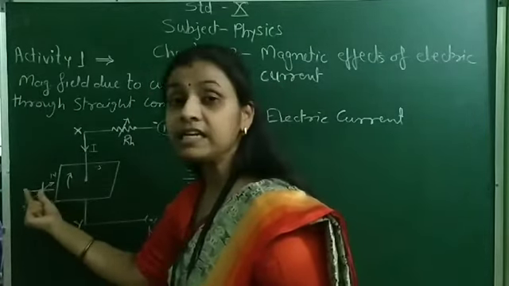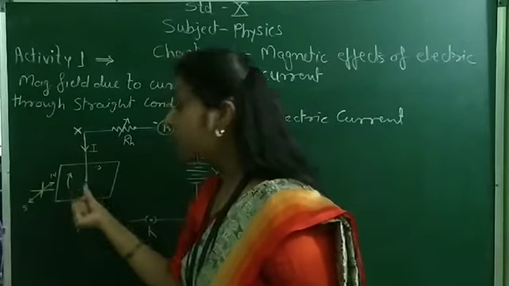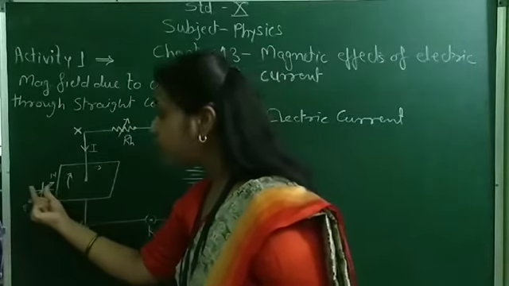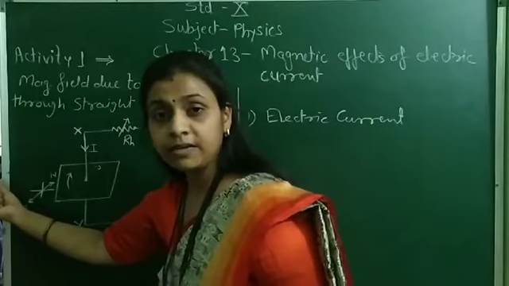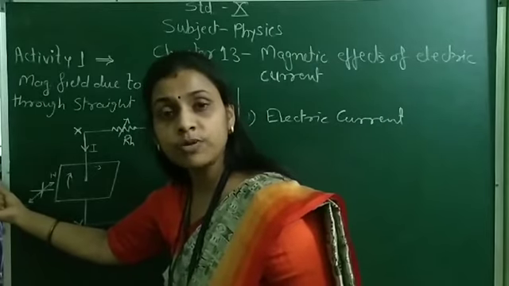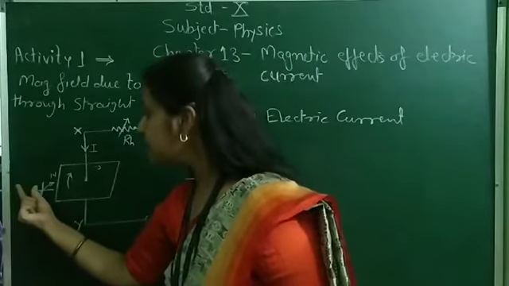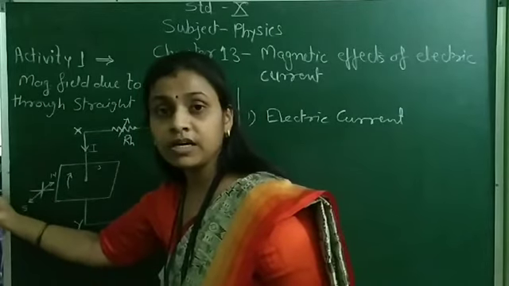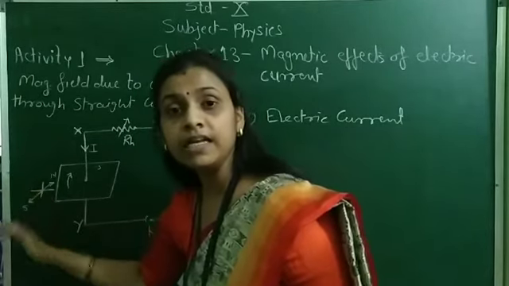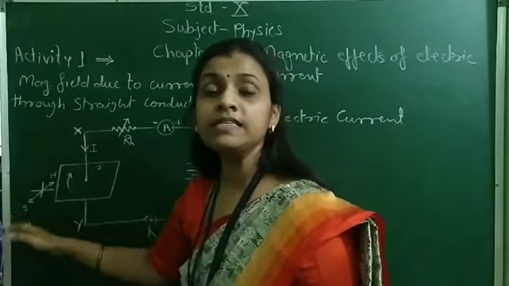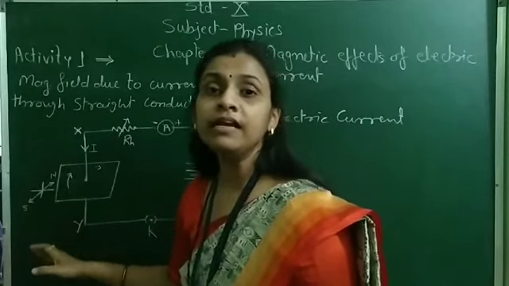As we move away from the current carrying conductor, we are increasing the distance from it. As the needle moves away, the deflection decreases, and decreased deflection means the magnetic field decreases.